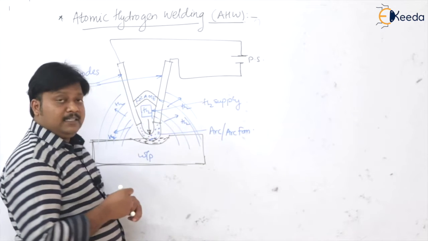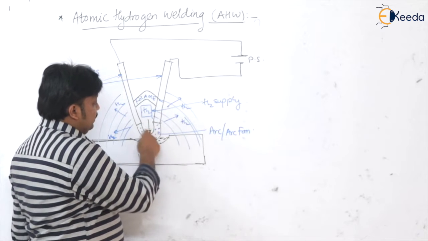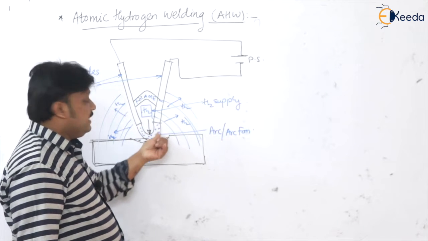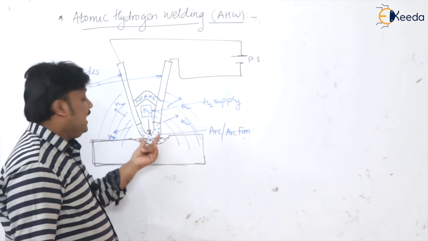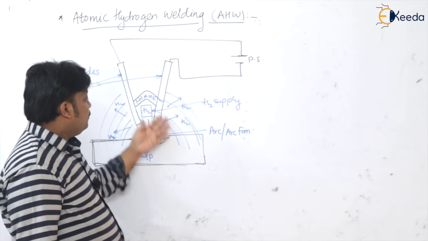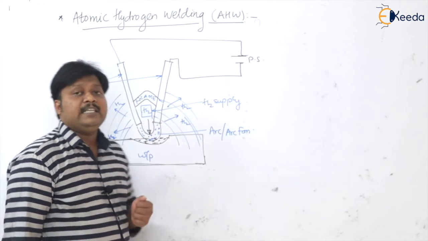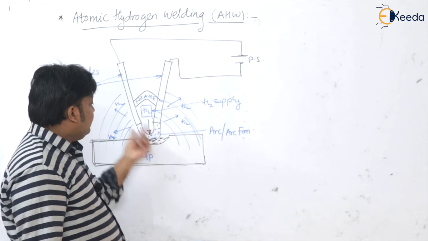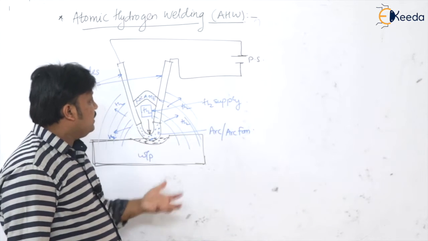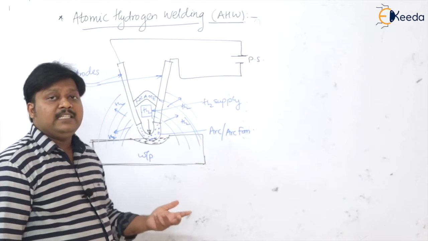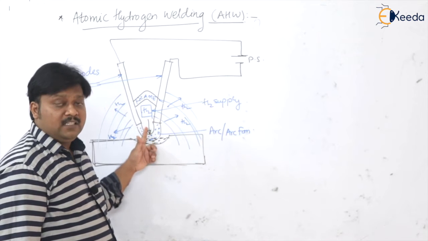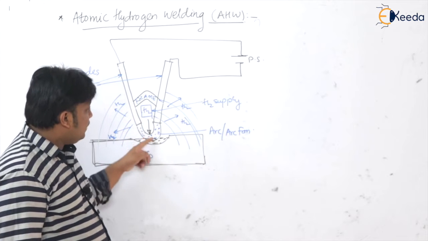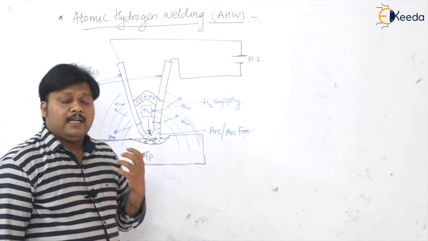When molecular hydrogen is supplied into this arc, what happens? The molecular hydrogen disintegrates in the arc into atomic hydrogen. Because of this, an endothermic reaction happens, and for that reason the arc produces the heat to supply the endothermic reaction. So molecular hydrogen coming into the arc gets converted into atomic hydrogen.